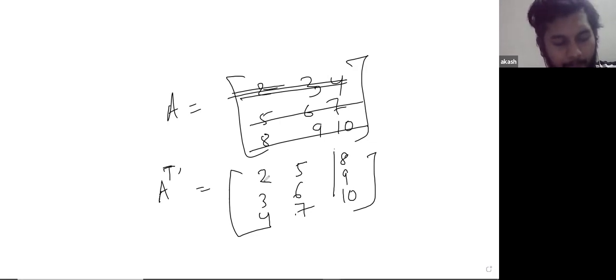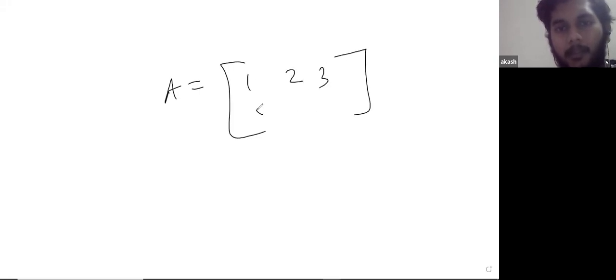Are we clear? Okay. So in transpose of a matrix, let me give another example. Take the transpose of this: 1, 2, 3, 4, 5, 6. It has 2 rows and 3 columns, right?